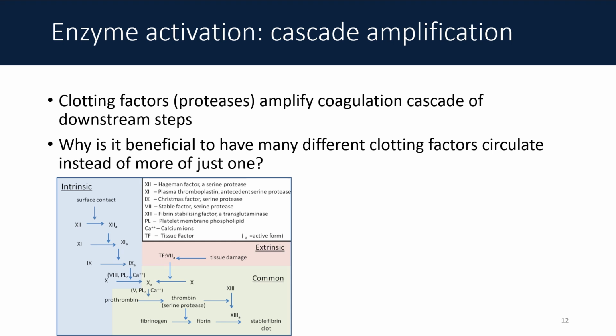That being said, circulating thrombin levels aren't enough alone to mount a rapid and effective clotting response. Let's use some dummy numbers to help illustrate my points. How about we assume that thrombin has a kcat of approximately 10 to the power of 3 inverse seconds, which means that it's able to activate 1,000 fibrinogens every second.